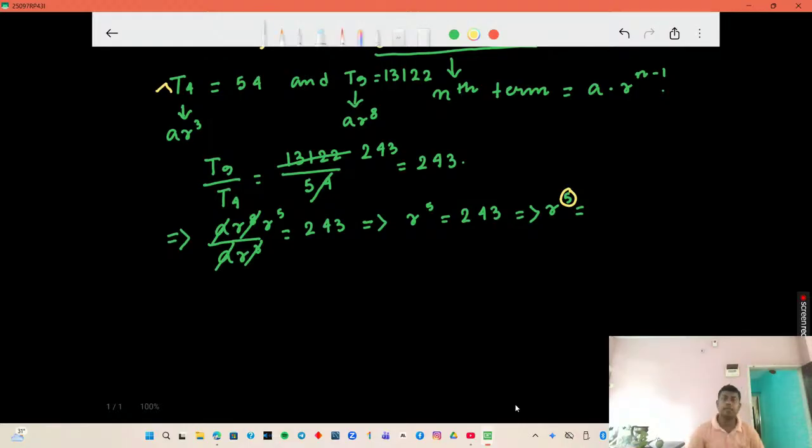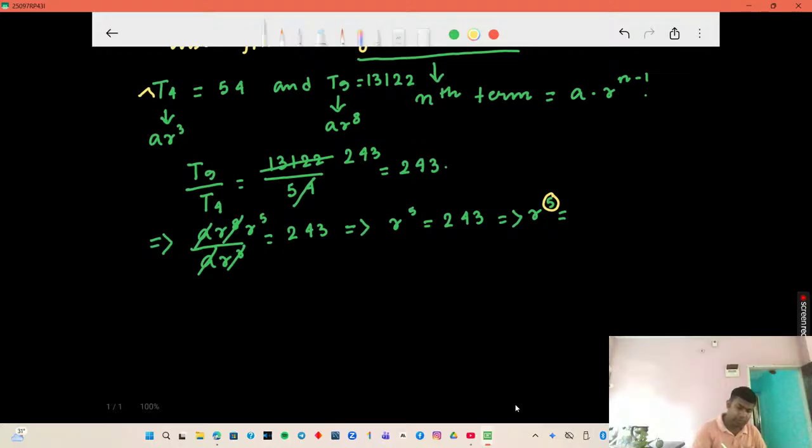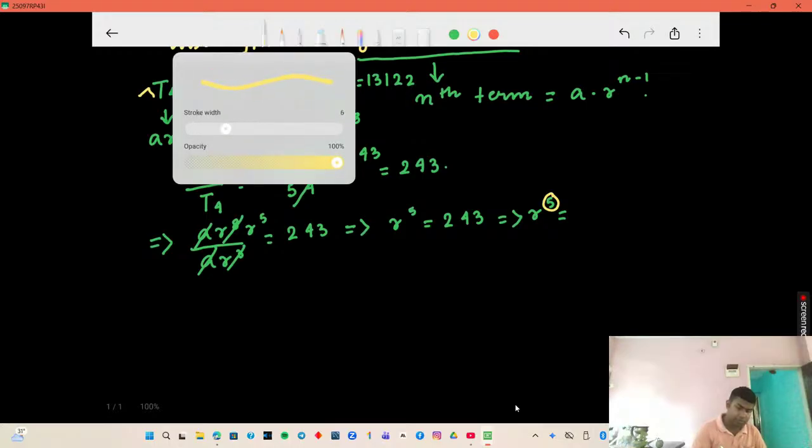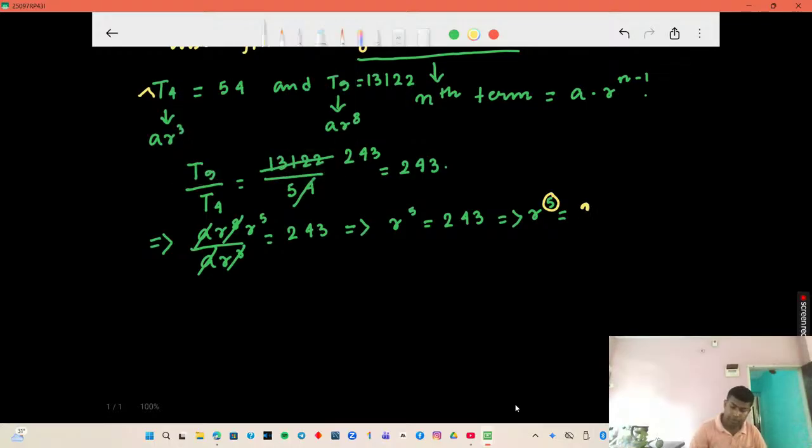Here we will find R to the power 5 is equal to 3 to the power 5. So here we can see that the powers are equal, therefore R will be equal to 3.